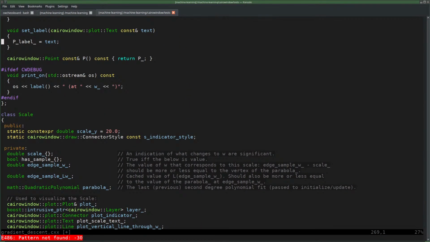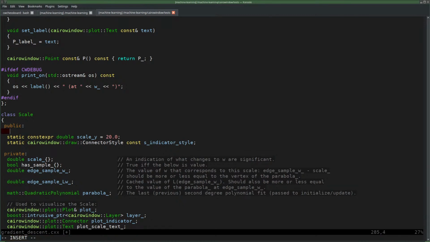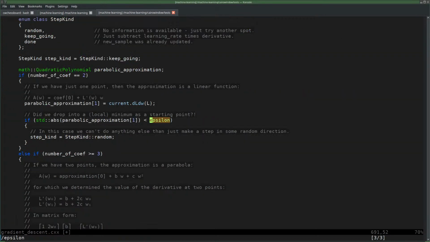So to put it in scale: public static constexpr double epsilon, 1e-30, and then I'll just have to steal it from there at the other spot as well. Scale epsilon.